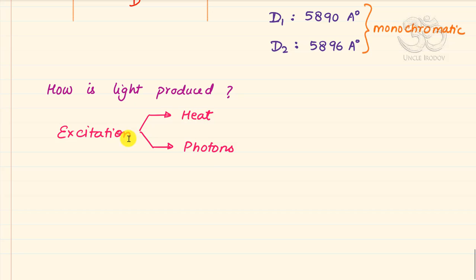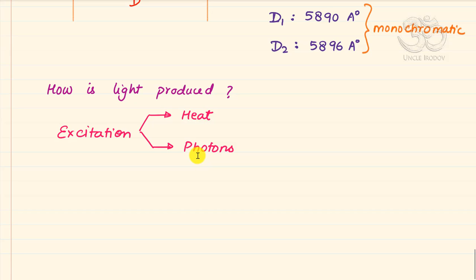So the excitation of an electron into a higher energy level is either because of heat, where you heat up the substance and it keeps gaining energy, the electrons get energy and go into higher orbits, higher energy states, and when they come back, they emit light. Or you supply a specific photon with a certain amount of energy that can lead to excitation of an electron from a lower energy level to a higher one.